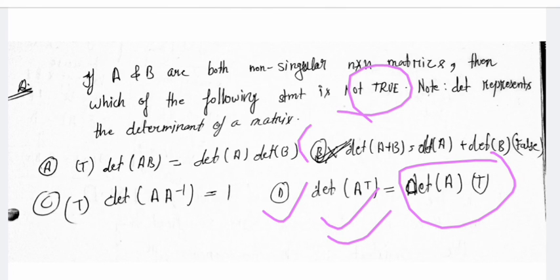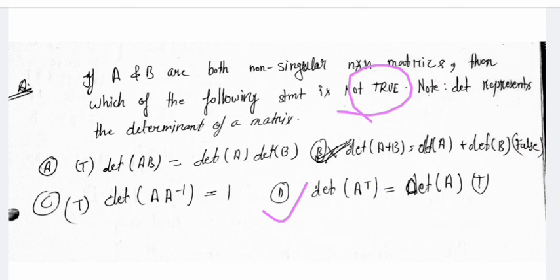Now only one option remains, option B, and this is going to be the correct answer, as it is not true according to the question. The determinant of A plus B is not determinant A plus determinant B. No, this is never going to be true. So this is the false statement, which is your answer.